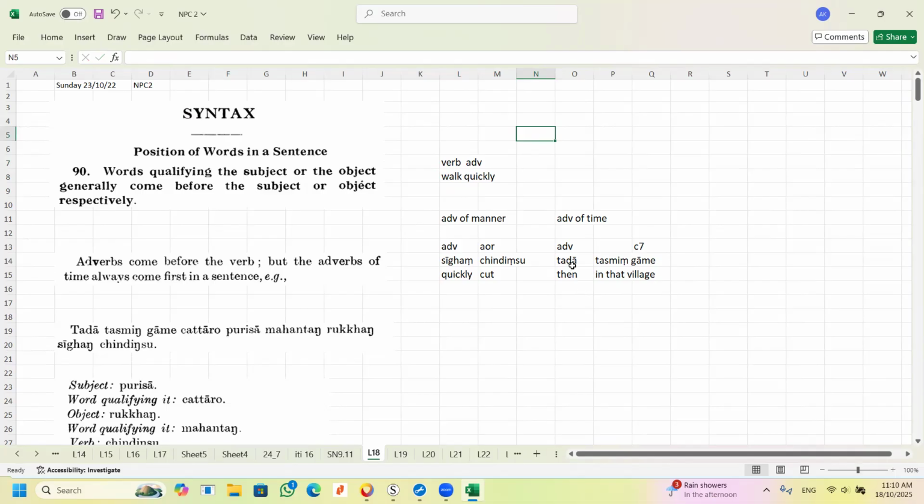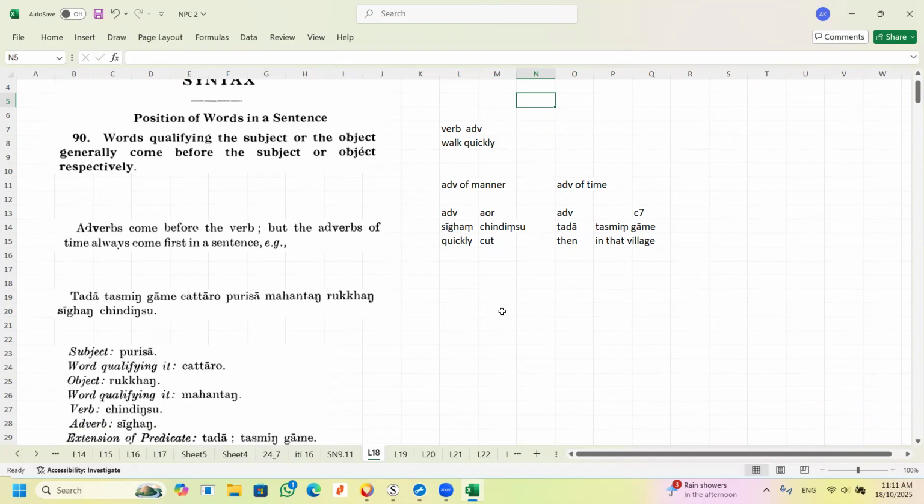And this is like tada. Can you see the word? Tasmin is locative. This is tasmin gamane, and then followed by this. Tada is an adverb. What you need to do is remember the pattern here.